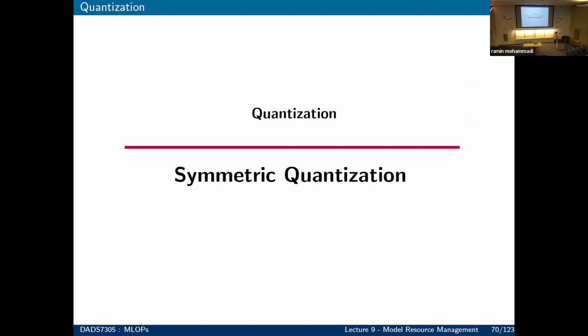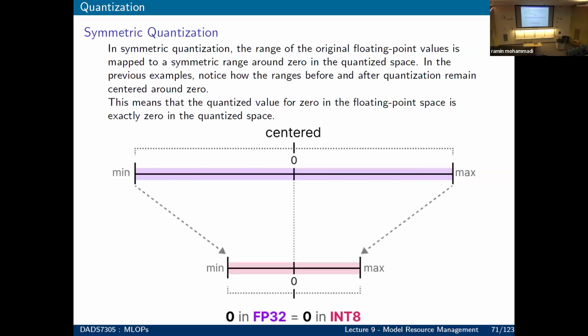Now, I'm going to talk about types of quantization. Okay. So the first one is symmetric quantization. Symmetric quantization basically means that you mirror around a certain value.